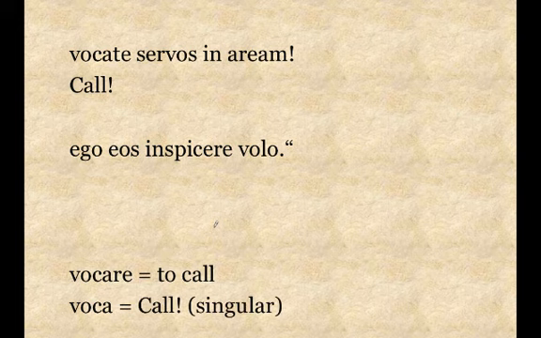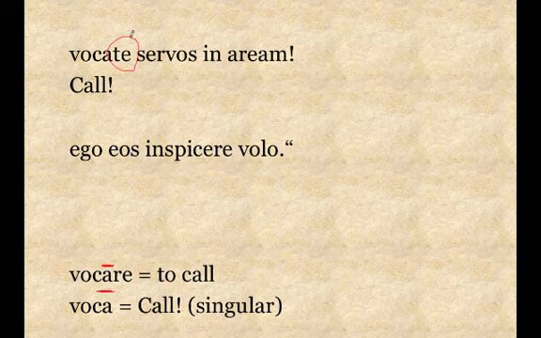When you're telling one person, if you were to tell one person, call the slaves, you would say voca. If there were long marks, there would be a long mark right here because there is a long mark here of the infinitive. Up here, look up here, this is a plural imperative.